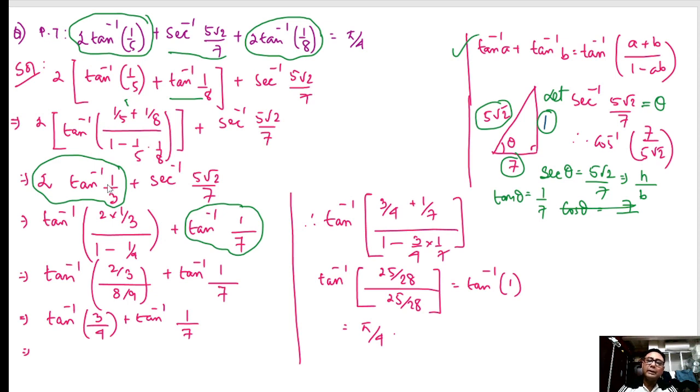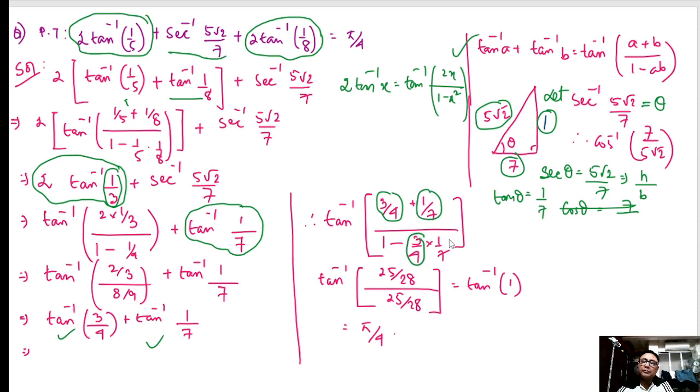Now we are applying the 2 tan inverse x formula. So using this, this is our x, we get this plus tan inverse 1 by 7. Again we use the tan inverse a plus tan inverse b formula: tan inverse a plus b by 1 minus ab. Solving it, we get tan inverse 1, which is pi by 4, and that is proved.